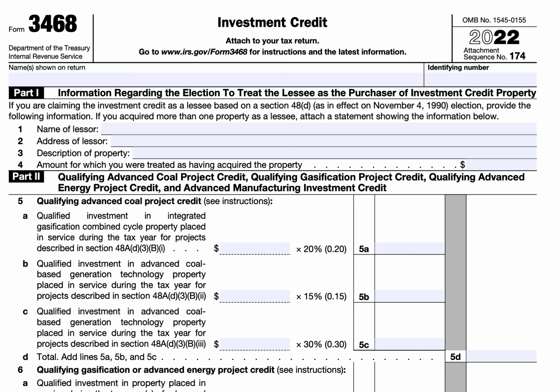Three, if the business use of the property decreases before the end of the recapture period so that it no longer qualifies as investment credit property. Four, any building to which Section 47D applies will no longer be a qualified rehabilitated building when it's placed in service.